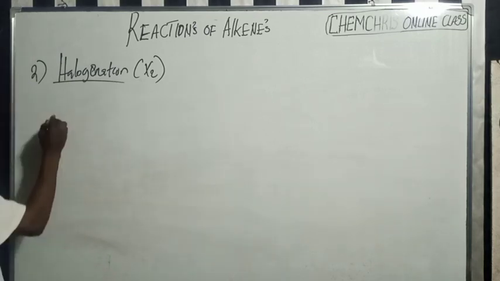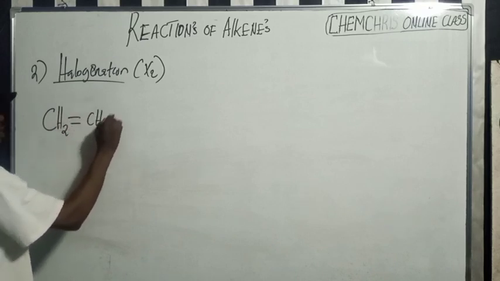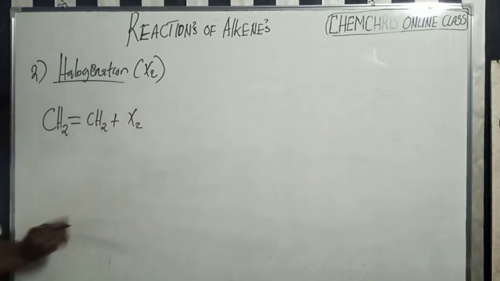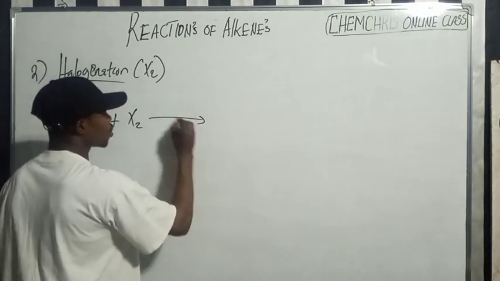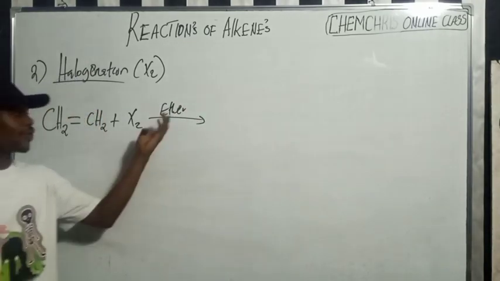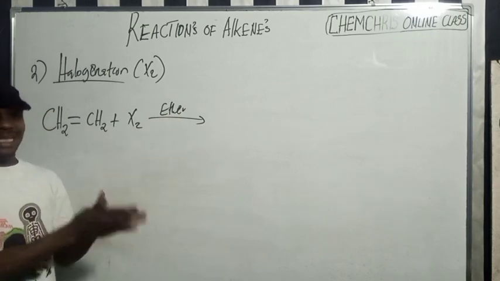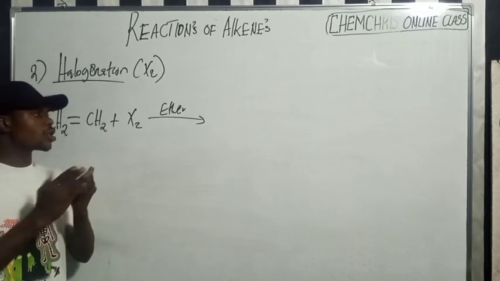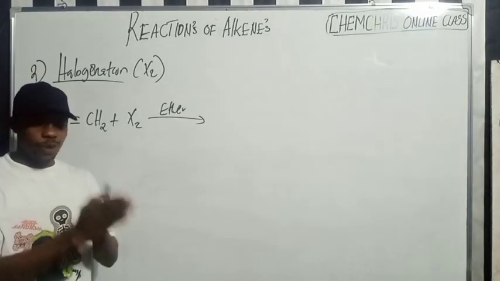Here we have CH2 double bond CH2 and here we have X2. Now this X can either be chlorine or bromine. The only thing you need is an organic solvent. Do you understand? This organic solvent is ether, so it does not take part in the reaction. It just dissolves it so it can occur.